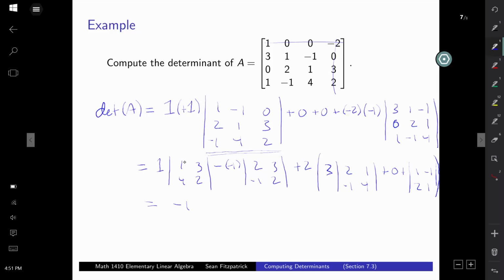2 minus 12 minus 10, that's going to be a plus sign. 4 plus 3, so minus 10 plus 7, plus 2 times.